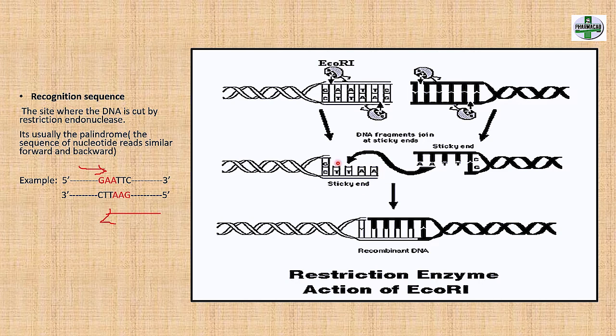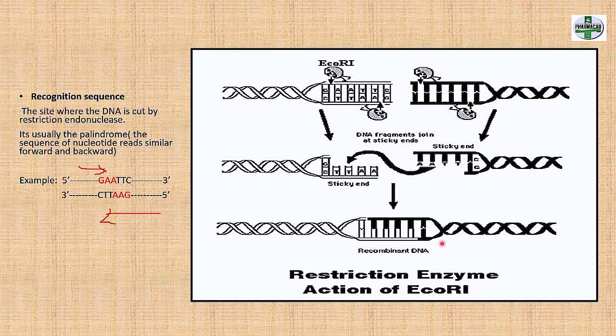So this part is free, and even this part is free. Here we can add our gene of interest, and this is how the rDNA could be combined. In simple words, let's consider this portion was our human DNA. So we have separated this. Now this portion which is joining is our plasmid DNA.